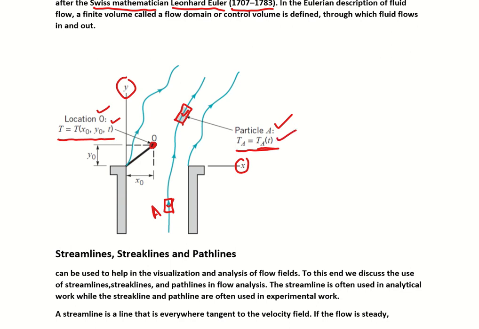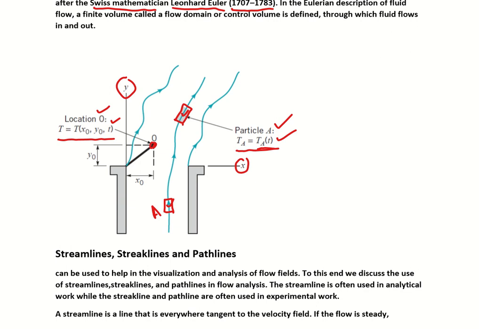So these are the two different approaches to describe the fluid motion, but generally in fluid mechanics we use the Eulerian approach because here the number of points in which we are interested, we can fix those points, and correspondingly we will have equations and we can solve those equations for the desired property which we want to investigate for the flow field.